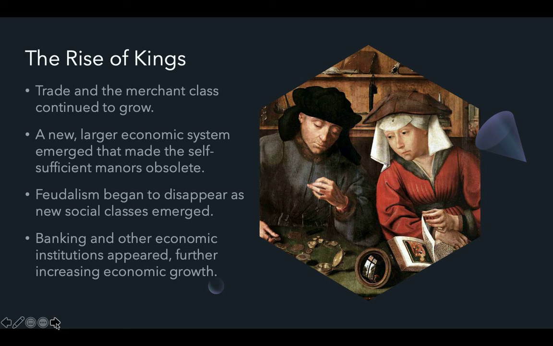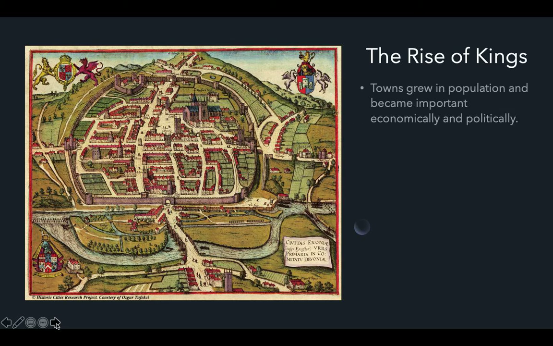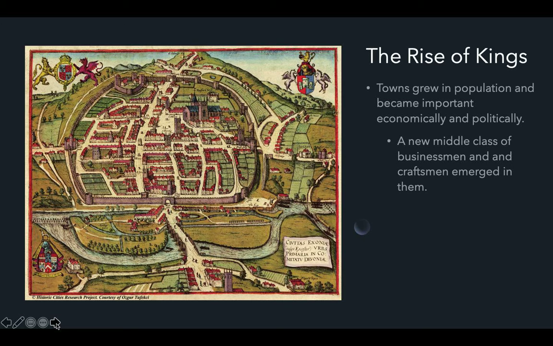And banking and other economic institutions appeared, which further increased economic growth and activity. The towns grew in population and became important politically and economically. A new middle class of businessmen and craftsmen emerged.